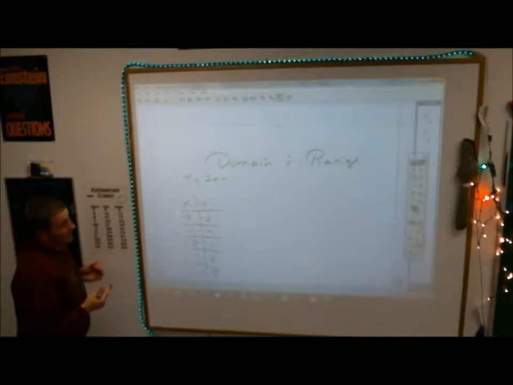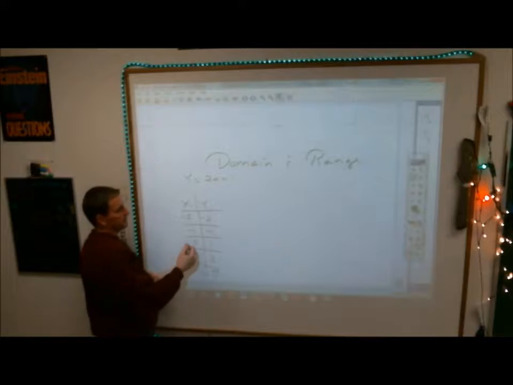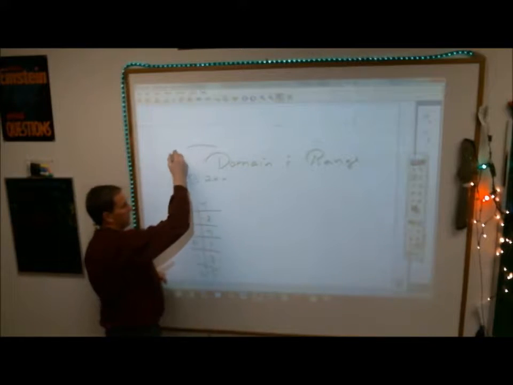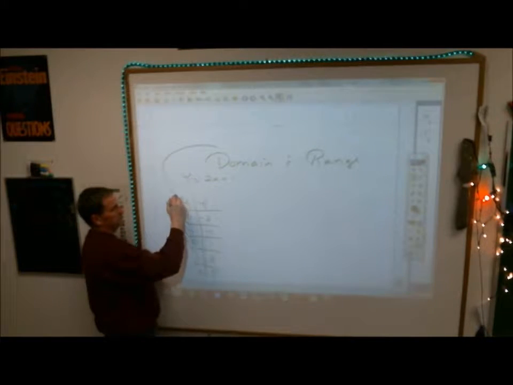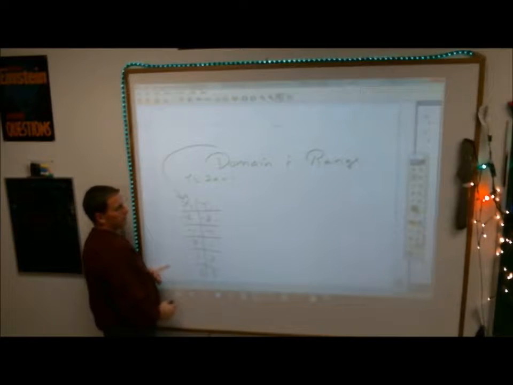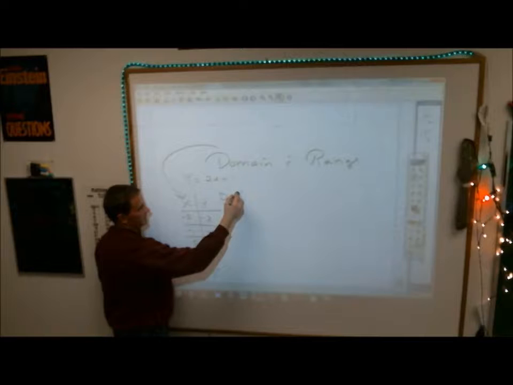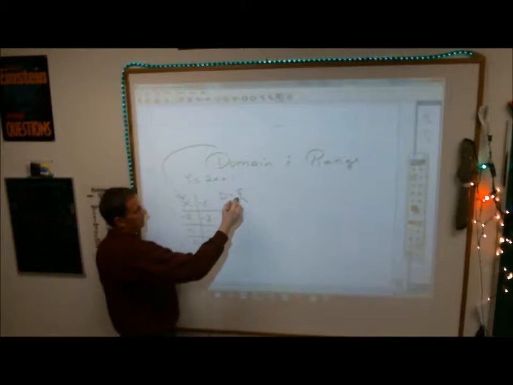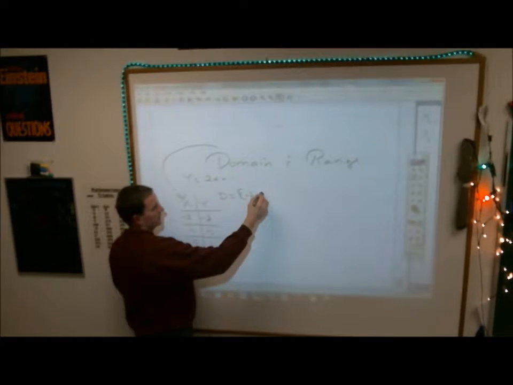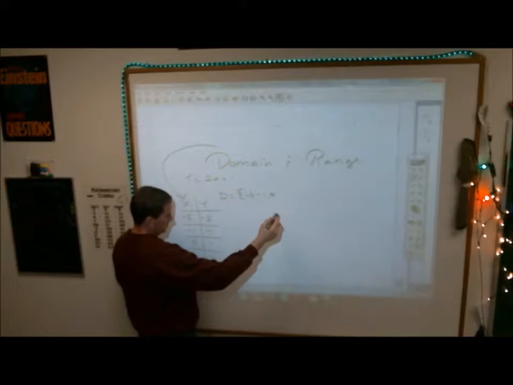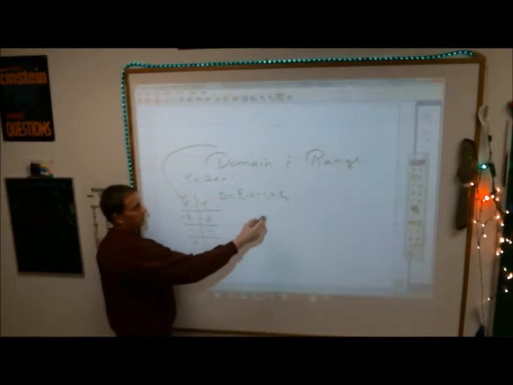When you talk about domain and range in these things, the domain is this number here. If you were listing the domain right now, you could say the domain is the set of numbers that you have for x, which are -2, -1, 0, 1, and 2.